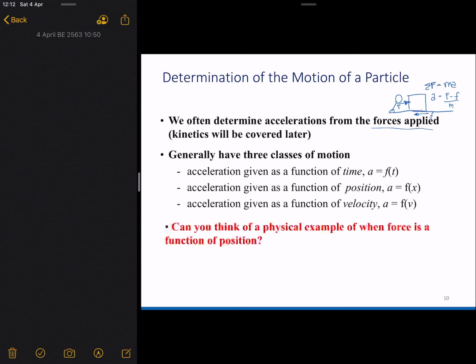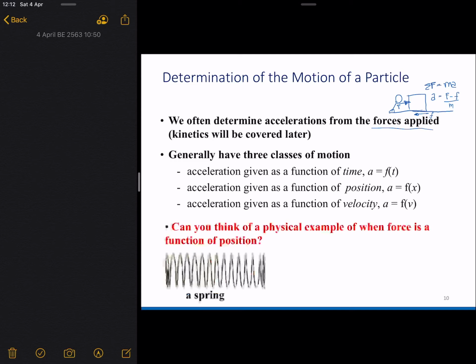But can you think of a physical example where the force is a function of position or even velocity? First one, the spring.